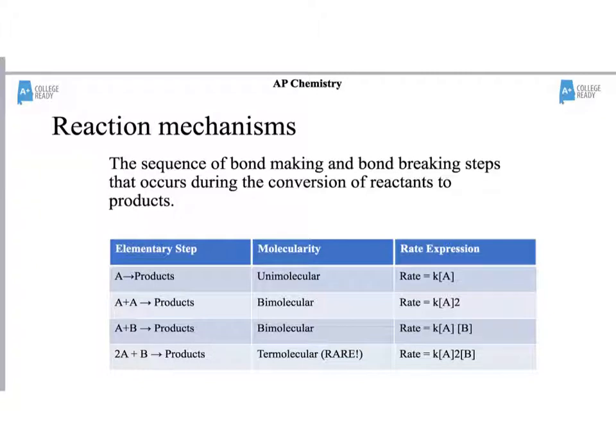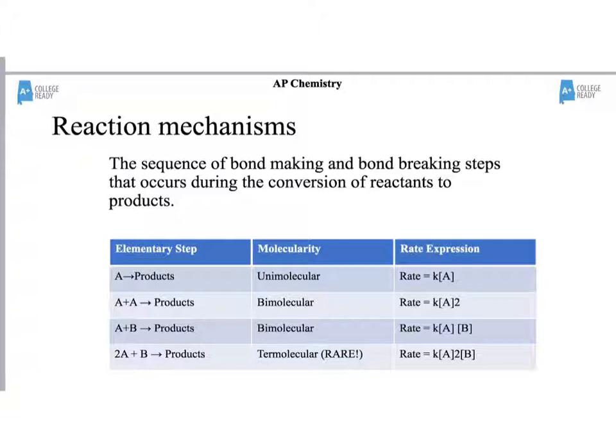You have bimolecular where either two of the same things form products, or two different things react and form the products. Or you have termolecular reactions, which are very rare, where three things come together to form the products.